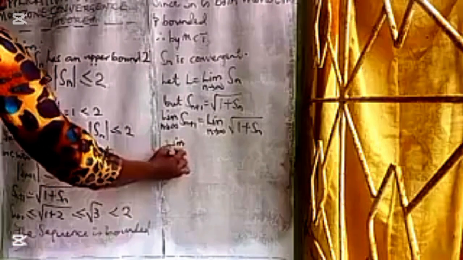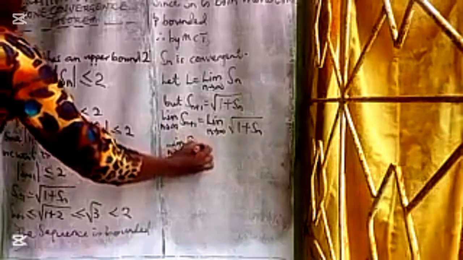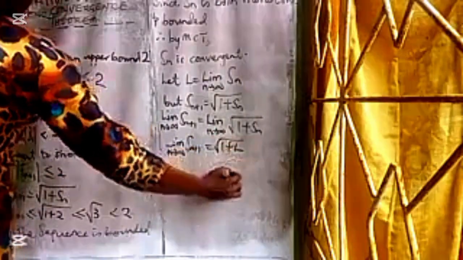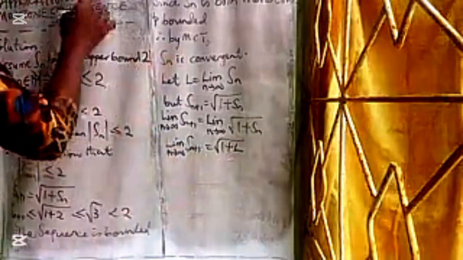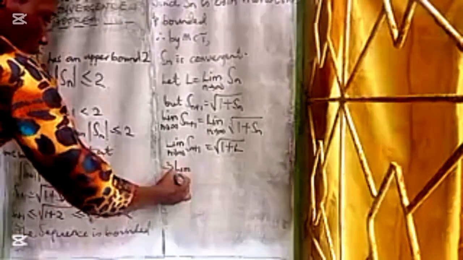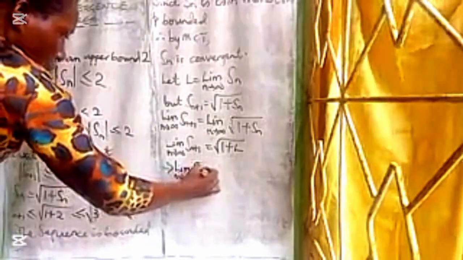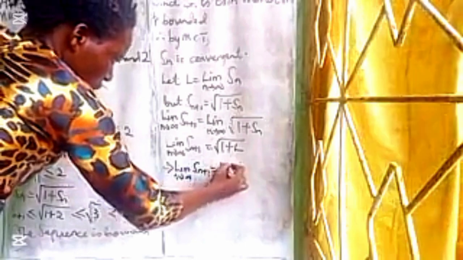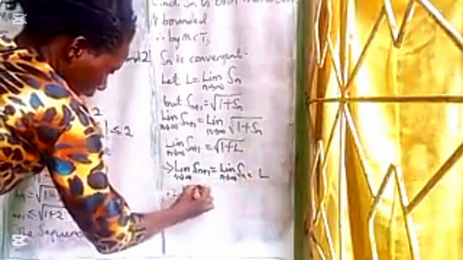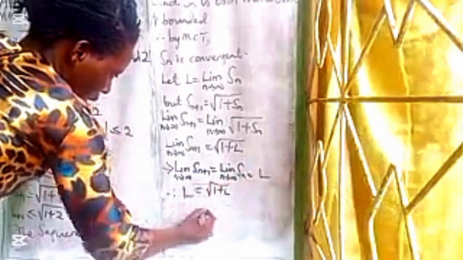Therefore, the limit as n tends to infinity of Sn plus 1 is equal to the square root of 1 plus L. Since Sn plus 1 and Sn will have the same limit, it means that the limit as n tends to infinity of Sn plus 1 is equal to the limit as n tends to infinity of Sn, and that is L. Therefore, L is equal to the square root of 1 plus L.